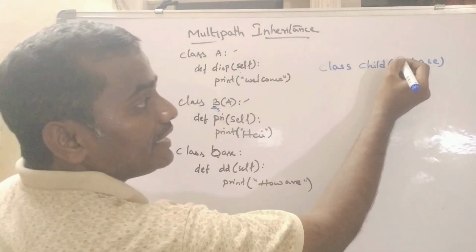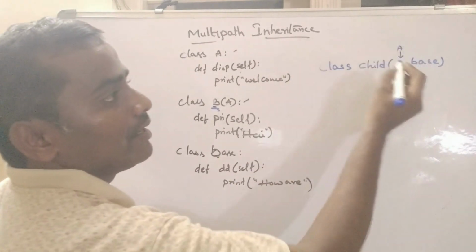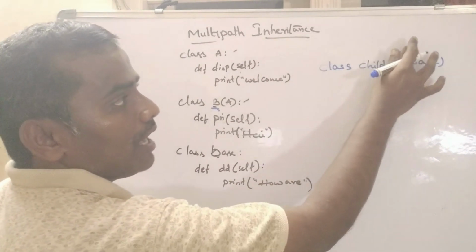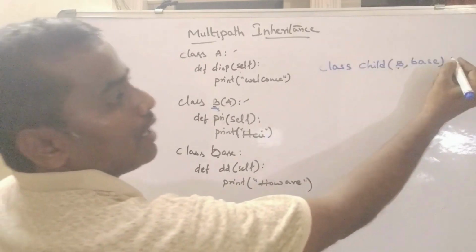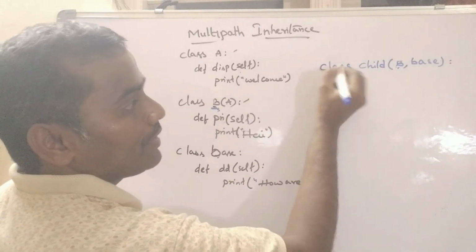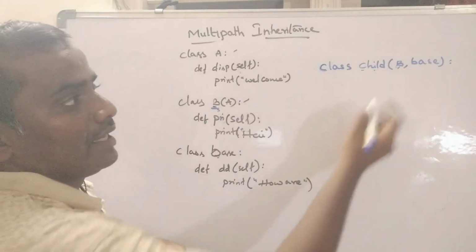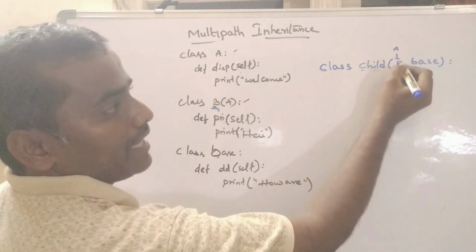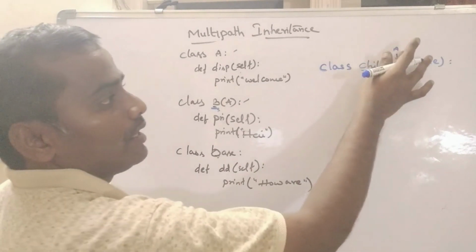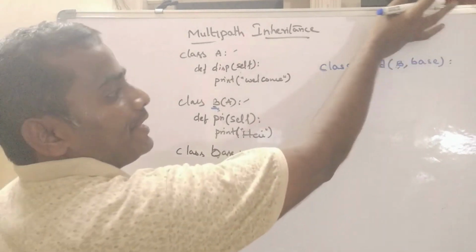Now B is a derived class from A, and base is the base class. Now the child class is a hybrid class, with properties from A and B, and base is the one class.